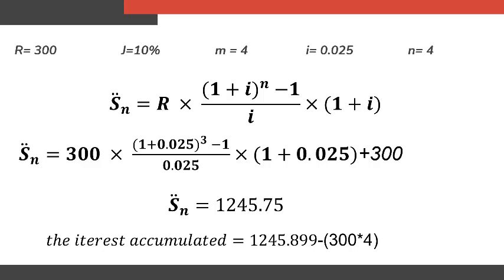To solve this problem with the formula of annuities due, we will substitute for N with 3, not 4. Then we will add the last annuity to the result.